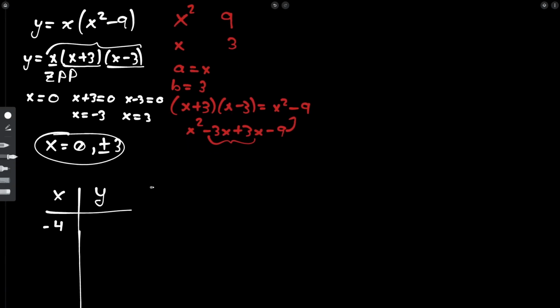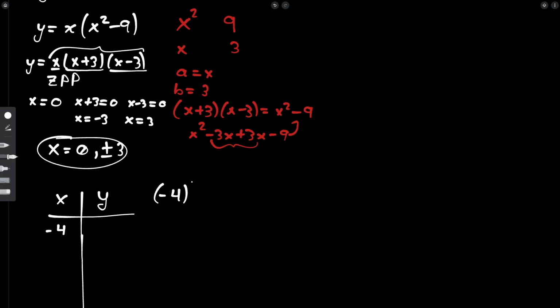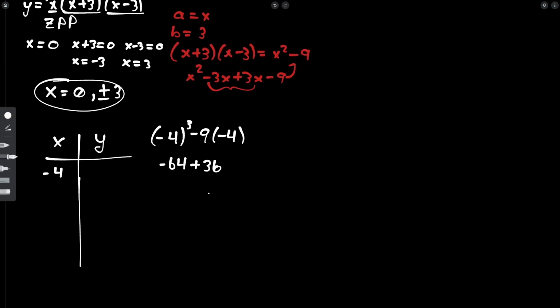So that would be -4 cubed minus 9 times -4. That gives us -64 plus 36. And that should give us -28.